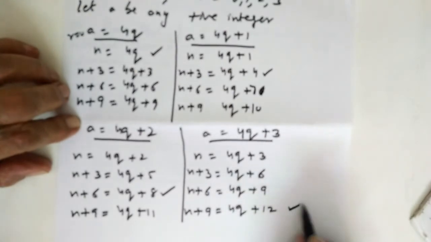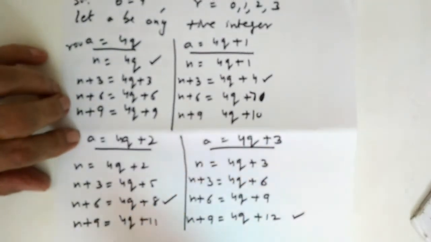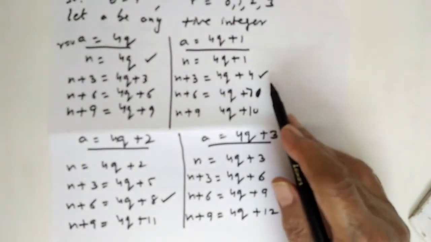In this case, this is divisible by 4. So you can see in each case, one and only one is divisible by 4. It is 4q, 4q plus 4, 4q plus 8 and 4q plus 12. Hence proved.